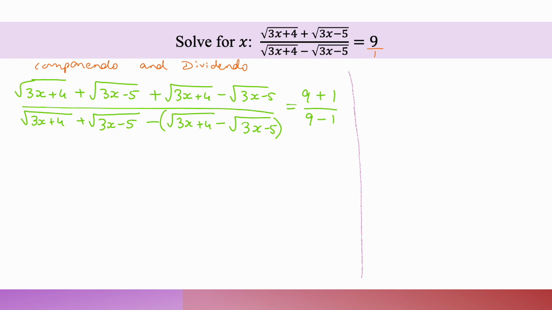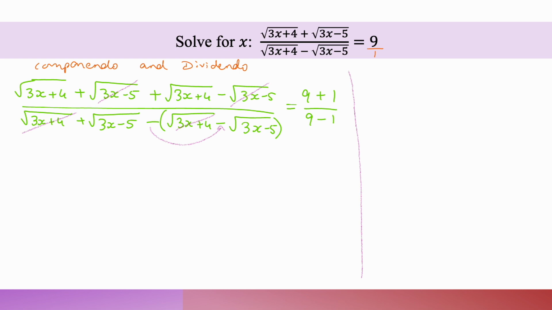Now on simplifying this, in the numerator square root 3x minus 5 will get cancelled, and in the denominator after opening the brackets, minus minus sign will become plus, and here square root 3x plus 4 will get cancelled out.